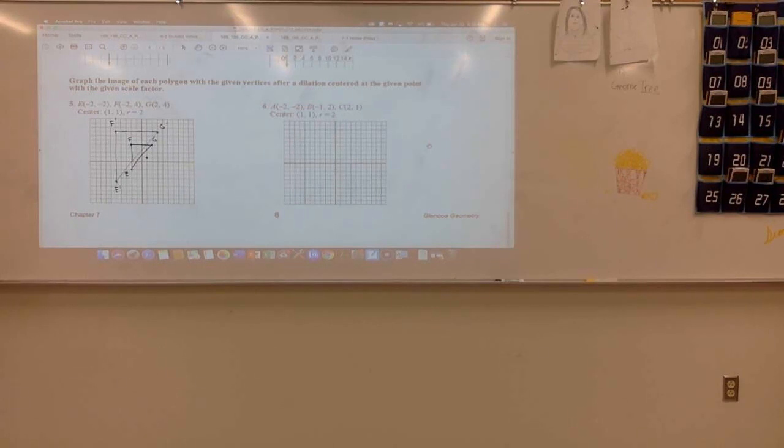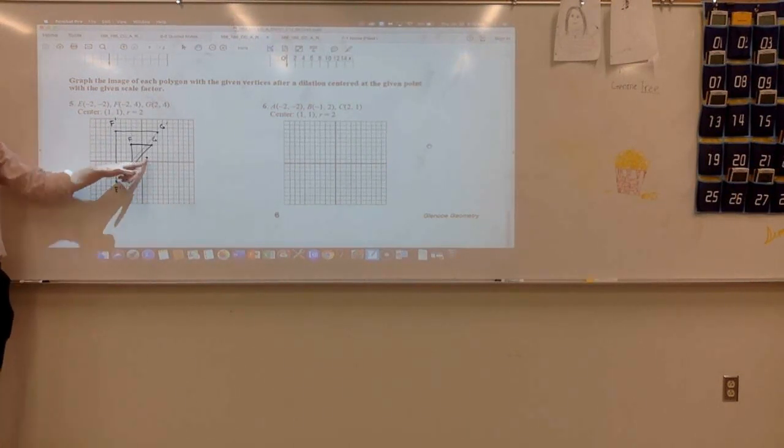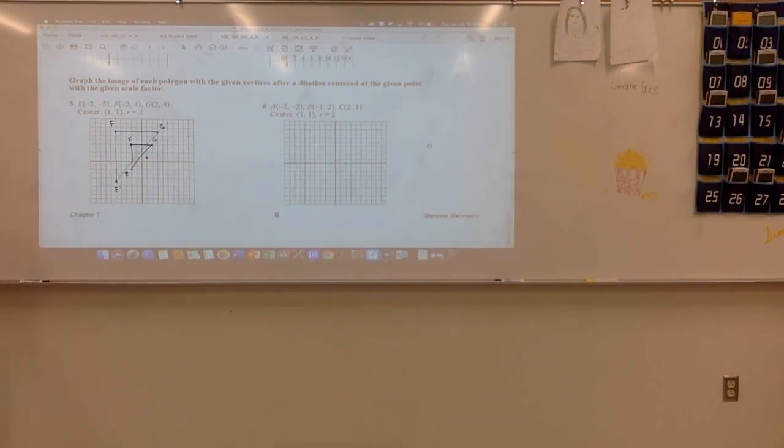Questions on that idea? I like that. You like it? It's not too much work. I like it. Yeah, but then I forget what to do, like the over and out, and I forget what the number was. It reminds me of going over the x equals y axis. Okay, so you're supposed to do it from the center. Right, from the center, not from the point 0, 0, from the center of our dilation, which in this case is 1, 1, to the point.